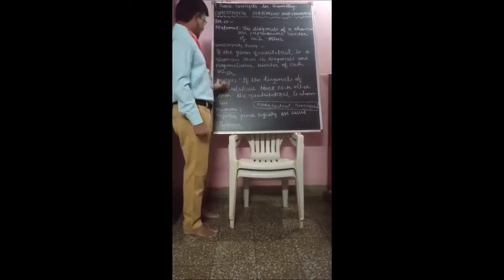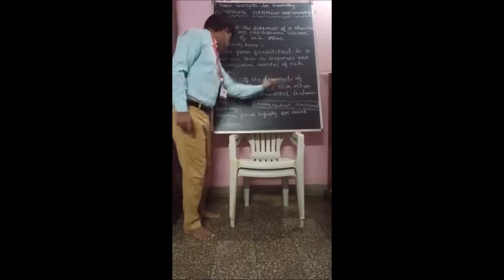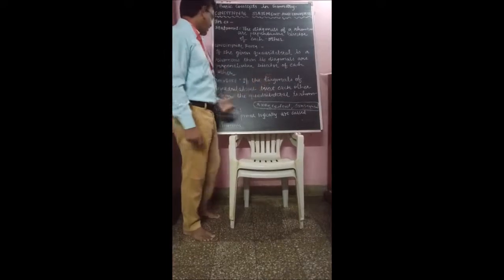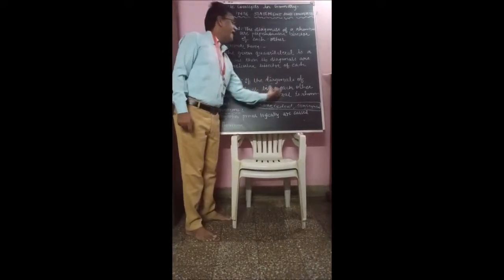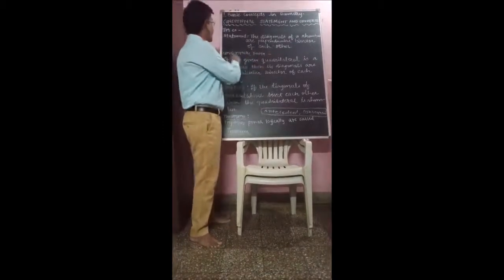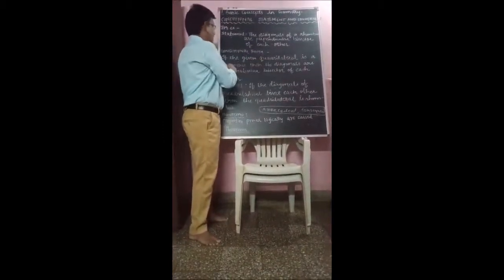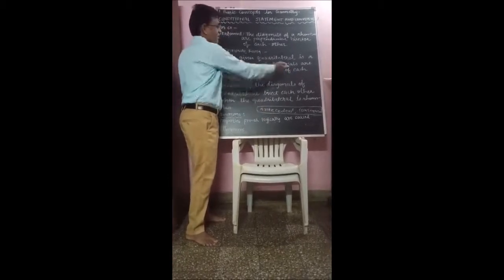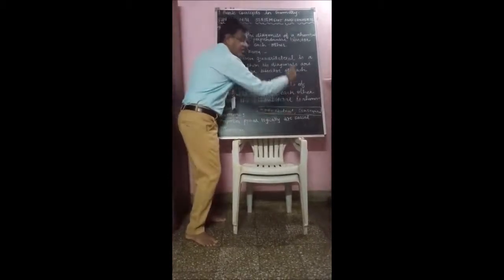Here the antecedent is the diagonals of a quadrilateral bisect each other, and the consequent is the quadrilateral is a rhombus. In the given statement, the quadrilateral is a rhombus is the antecedent and its diagonals are perpendicular bisectors of each other is the consequent.